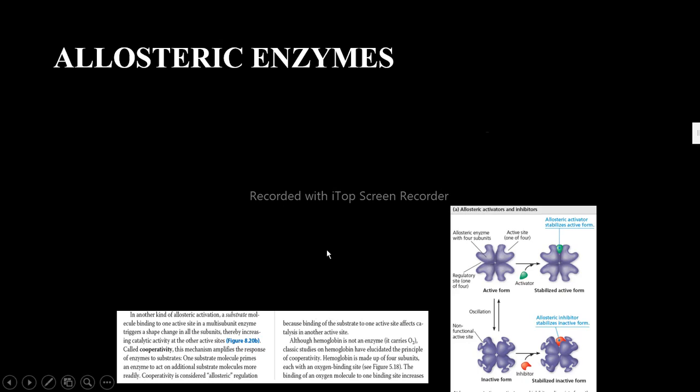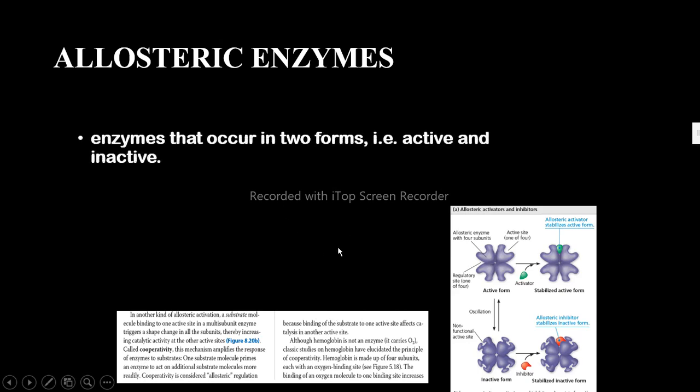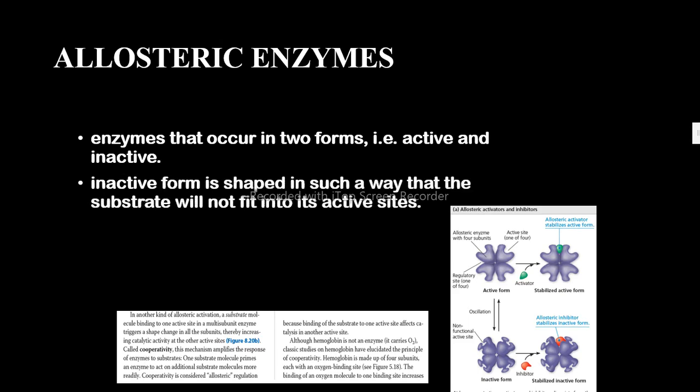Then allosteric inhibition is an example of non-competitive inhibition where the inhibitor attaches on the allosteric site. So these are enzymes that occur in two forms, the active form and the inactive form.